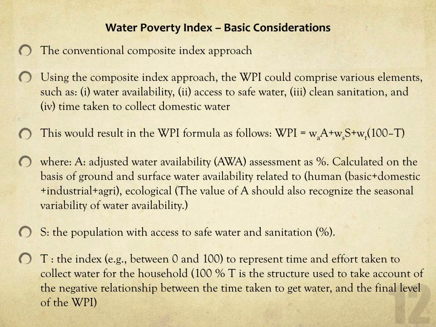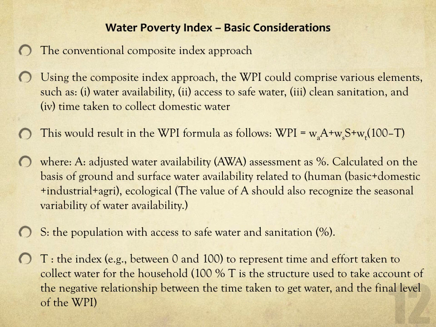Because water availability is an essential element of the calculation, the adjusted water availability assessment is in percentage form, and it is calculated on the basis of the ground and surface water availability related to human use, in which basic, domestic, industrial, and agricultural kinds of uses are considered, plus ecological use. The value of A should also recognize the seasonal variability of the water availability. In this way, you arrive at a total water availability figure, which would then be expressed in percentages.